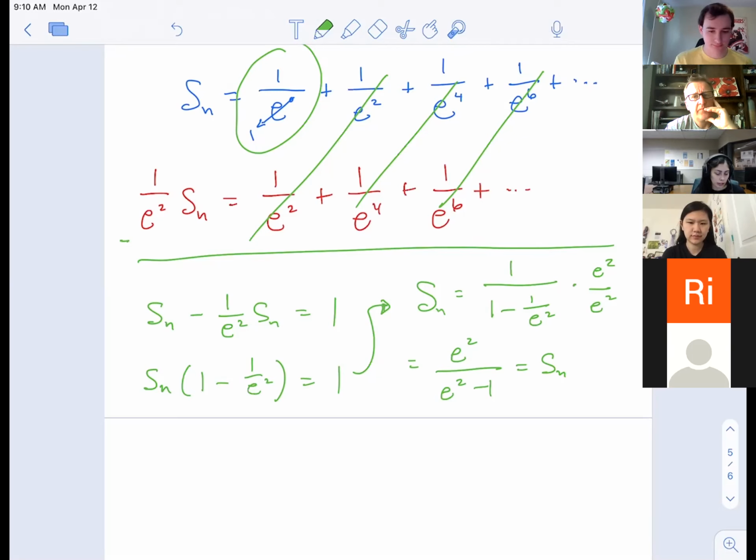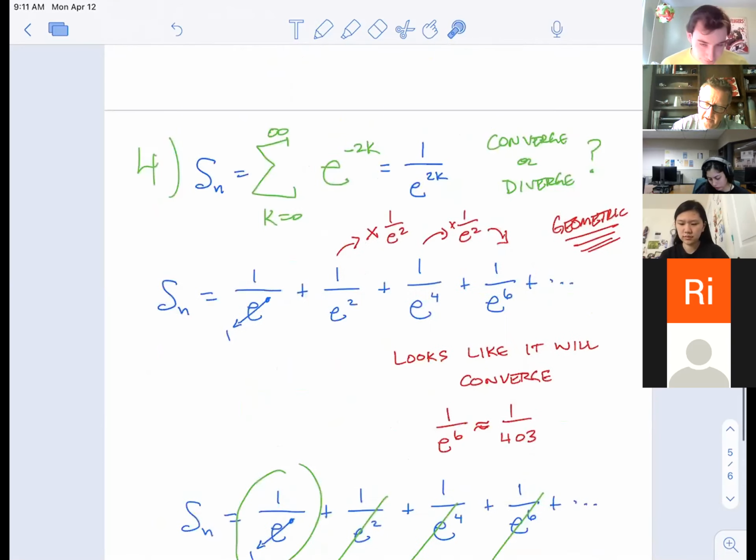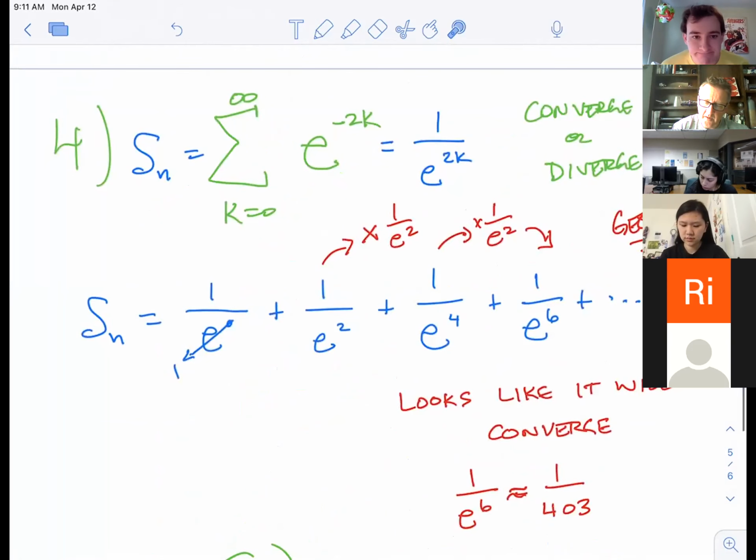Yeah, when I put that into my calculator, I get 1.156 and a bunch of other stuff at the end. And that's what I got when I did the multiplying by 1 over e squared and subtracting. Notice this one started at 0. Again, I'm just wondering if our formula works.